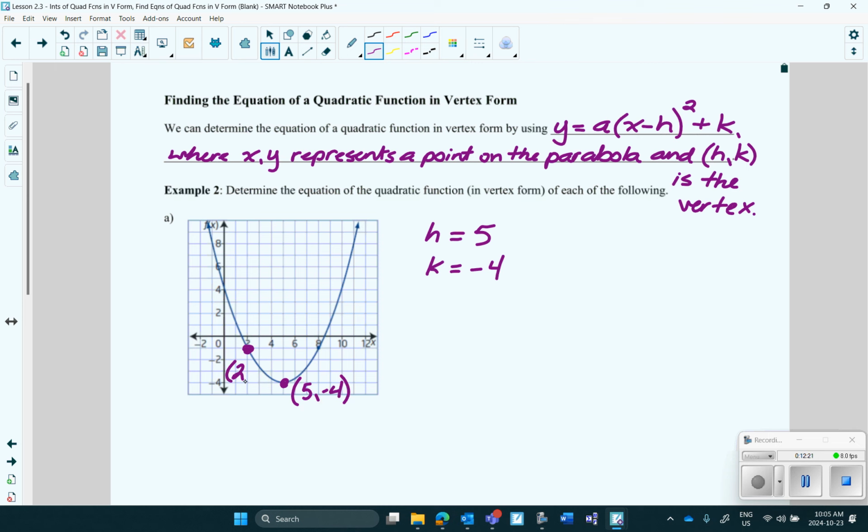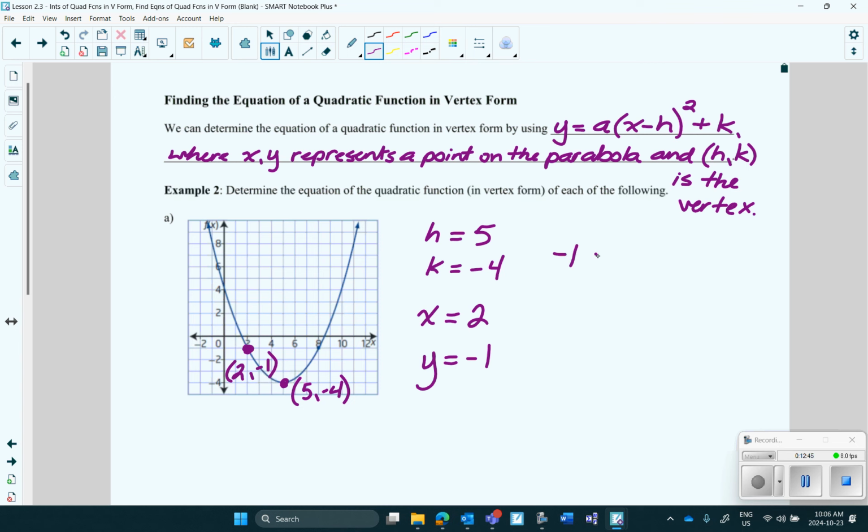This is 2, -1. Doesn't that mean that for the time being, I can plug x equals 2 and y equals -1 in here? So if I plug all 4 of those in, what's the only thing left to figure out? A.